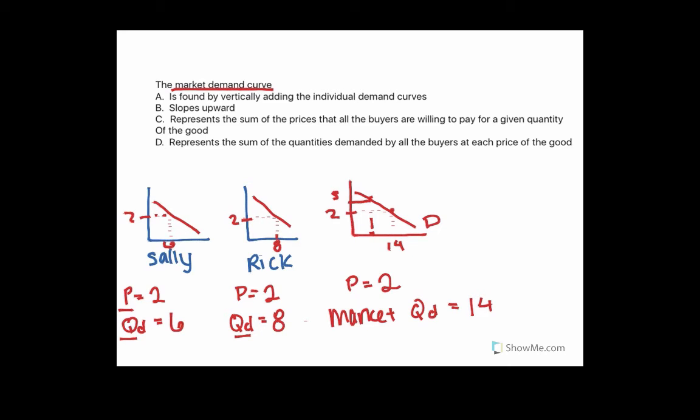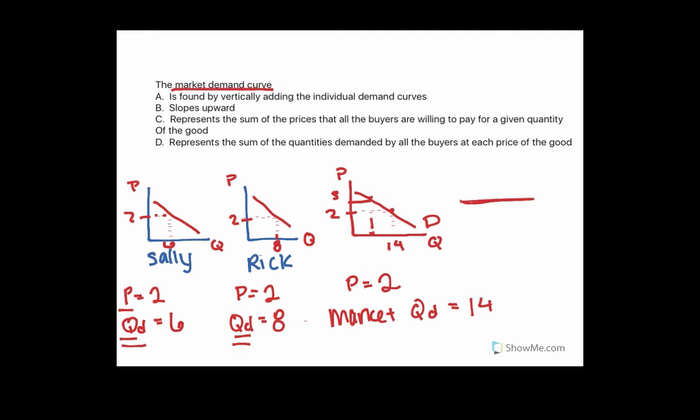So, going back up to the multiple choice question, the market demand curve is A, found by vertically adding the individual demand curves. Well, what did we do here? We added quantity demanded. And where is quantity? Quantity is on the x-axis. So, putting in these labels one last time.